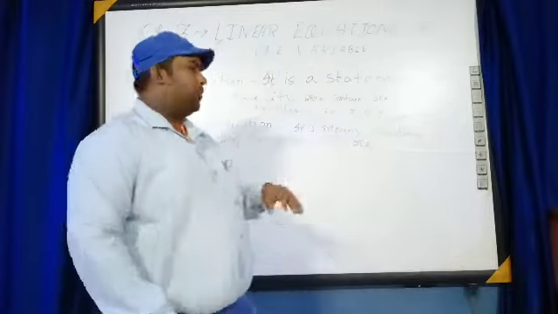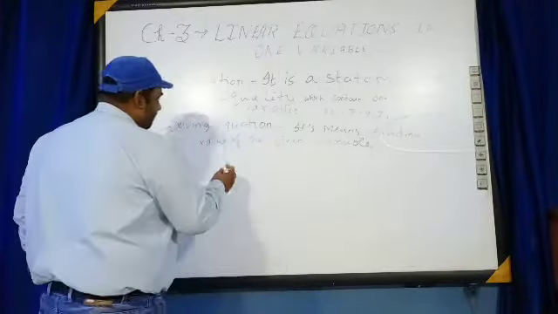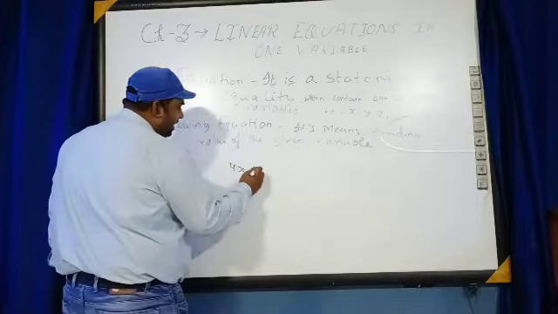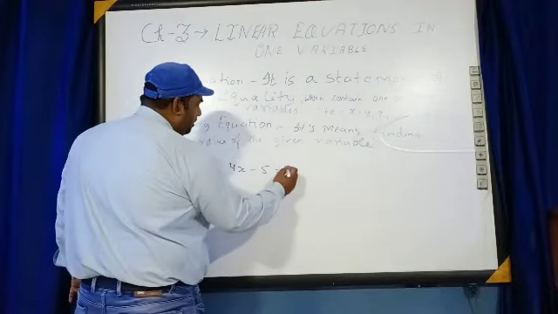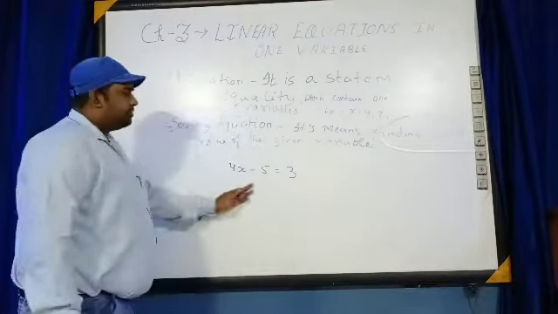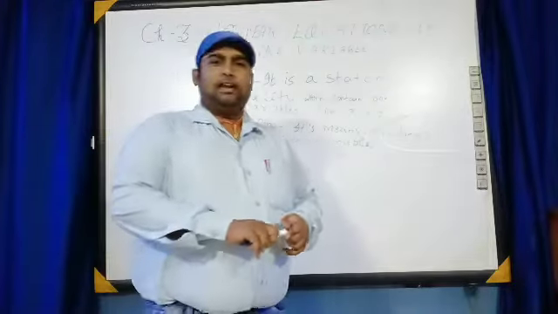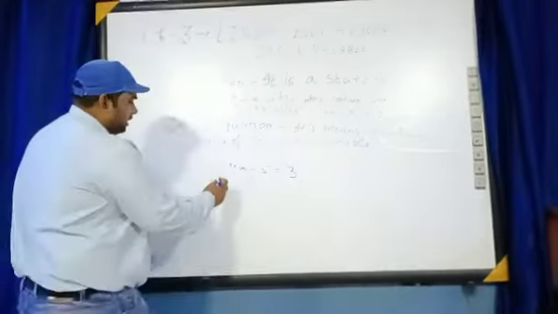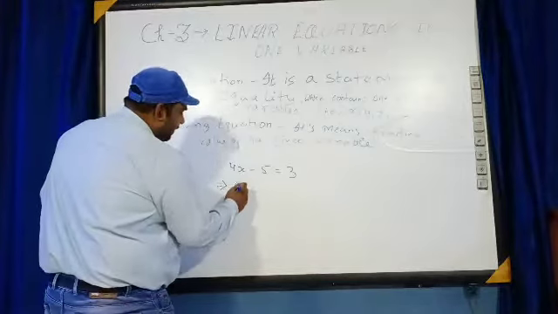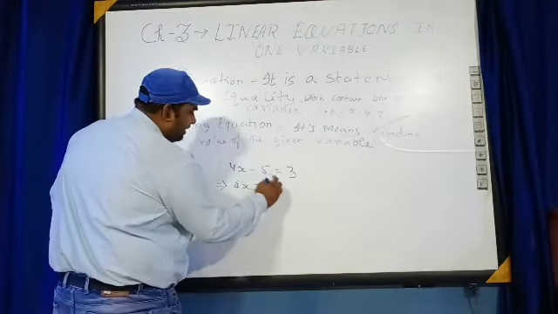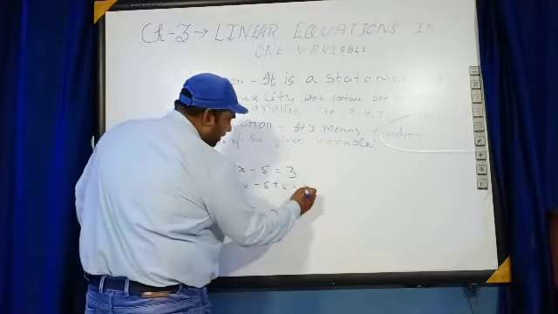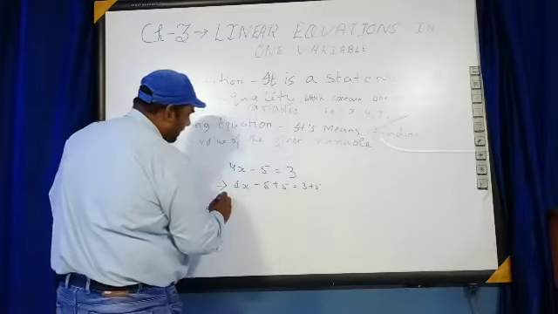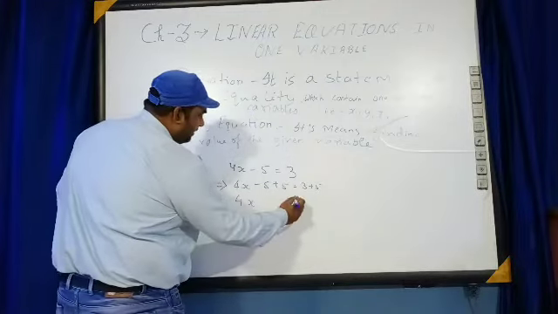Now suppose there is an equation 4x minus 5 is equal to 3. There are different methods of solving. Look here. Here is a minus sign, so you can write plus 5 on both sides. That is the cancellation process.